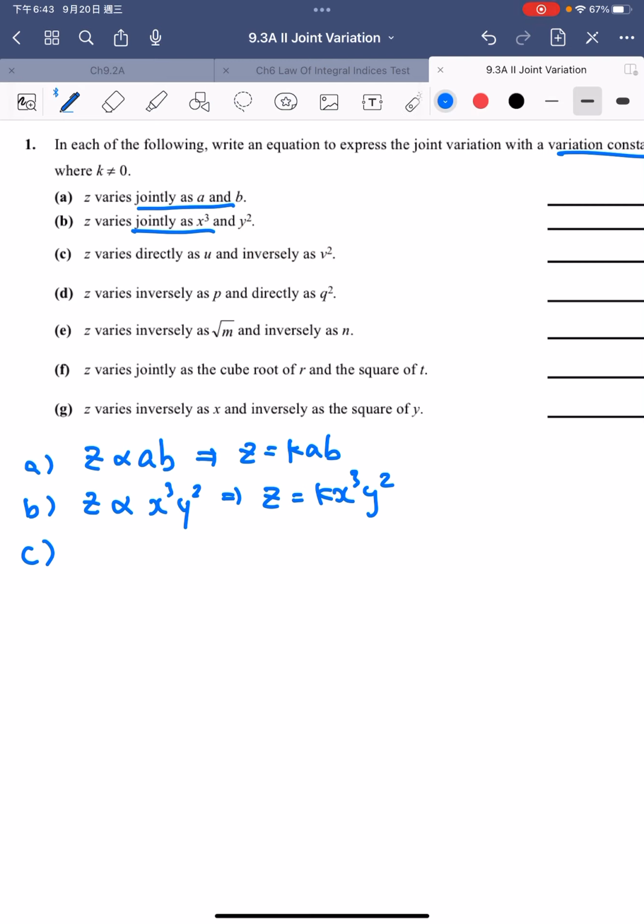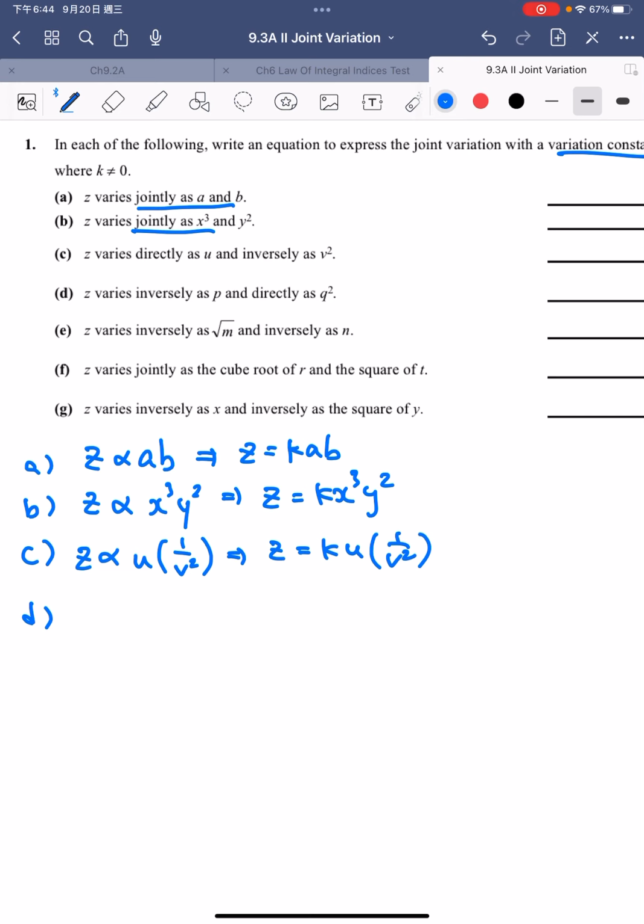So z is directly proportional to u, and the inverse one changes to 1 over v squared. We combine them, change the proportional sign to equal to k, then we have z is equal to ku times 1 over v squared.